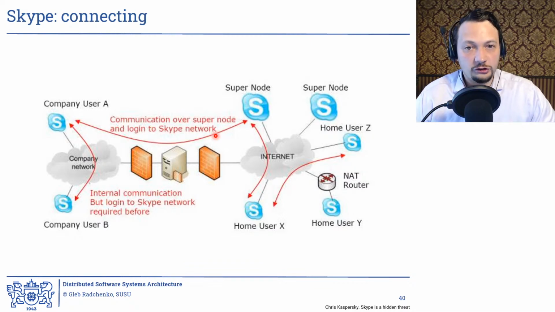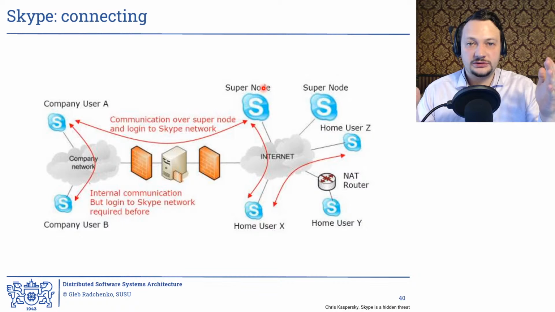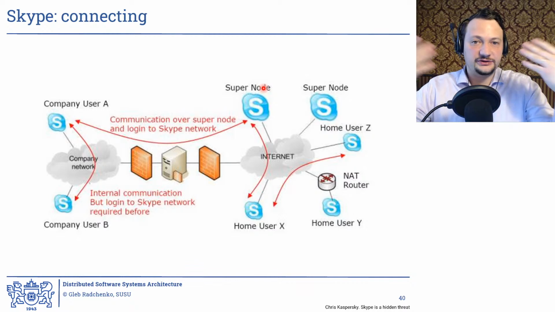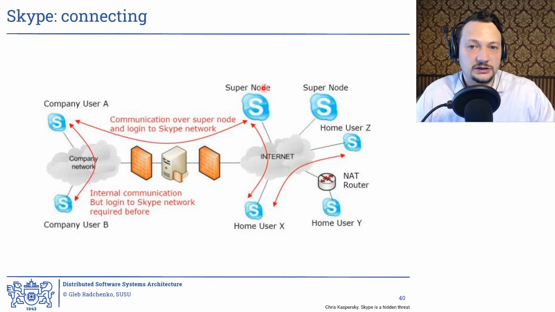Just imagine you open Skype, you do nothing, but Skype starts to connect to other nodes. It gets a lot of requests and starts sending data to other nodes. It looks like some kind of malware or virus that got into your system, but in reality the Skype network just decided that your connection is very good, and that it would use your node as a supernode in the network.